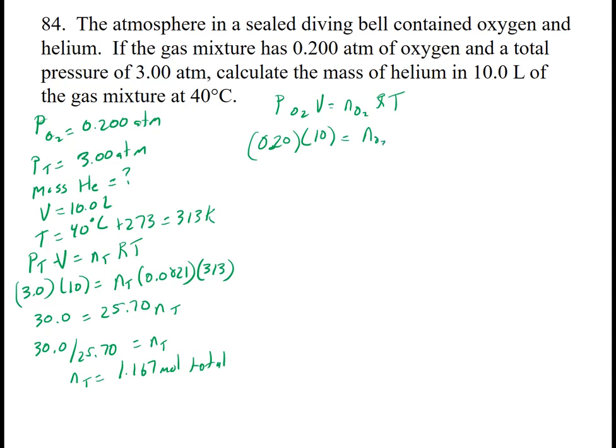N of O2 is what I'm solving for, times 0.0821 times 313. So 0.2 times 10 gives me 2.0. And this is going to be the same 25.70 times N of O2. So 2.0 divided by 25.70 gives me N of O2.